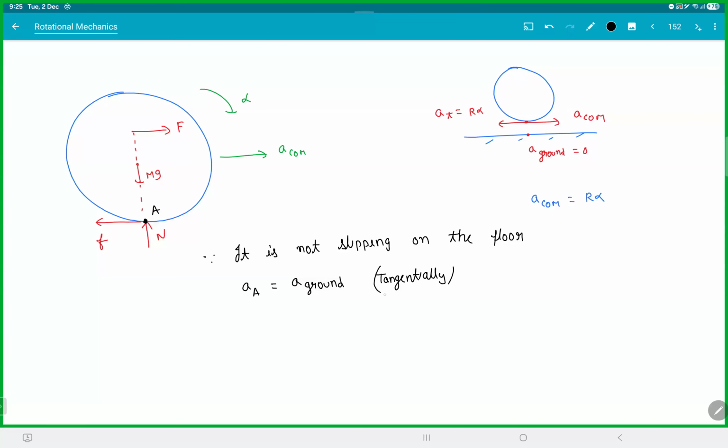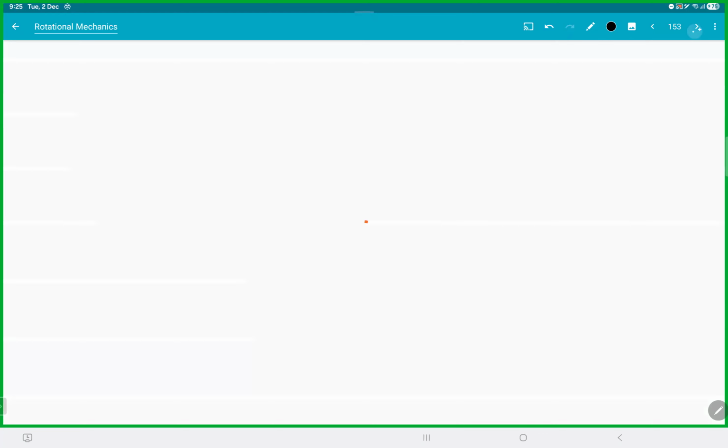And what is the acceleration of the ground? Which is 0. Therefore, acceleration of A is 0 horizontally. But let me ask you something. Is acceleration of A 0? So this is something we need to discuss because acceleration of A is actually not 0. Maybe initially it is 0, but it is not 0 after some time.